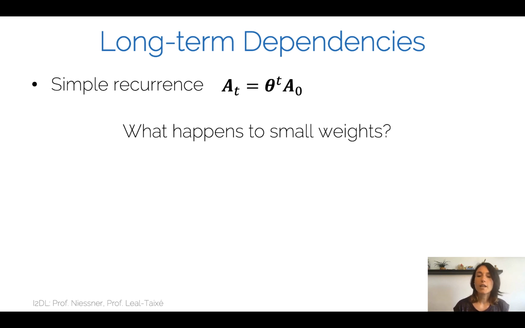If you multiply it over and over again, you will end up going towards 0 because the value will become smaller and smaller. And therefore, if theta C to the power of t happens with theta C being very small, then we have the problem of vanishing gradients, which we have seen in previous lectures.